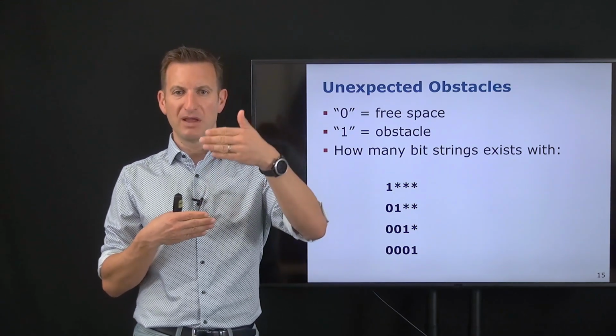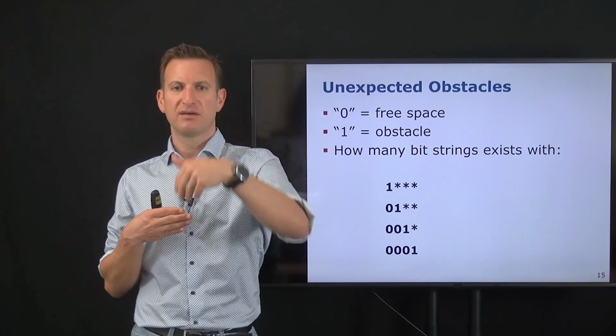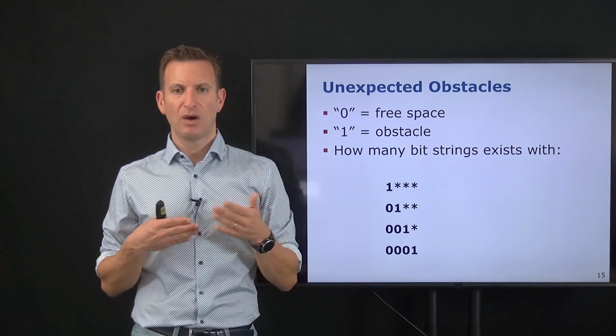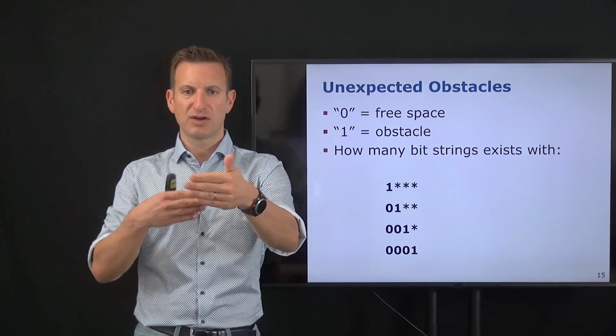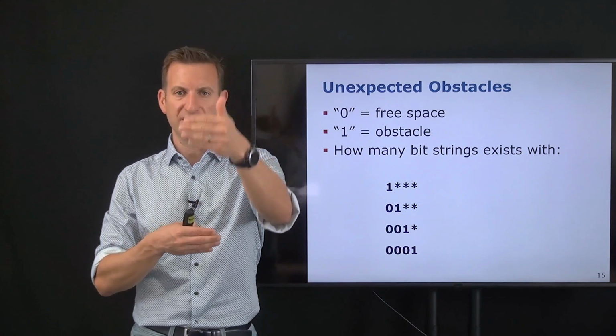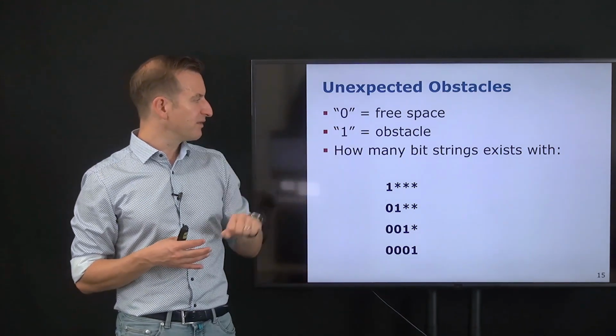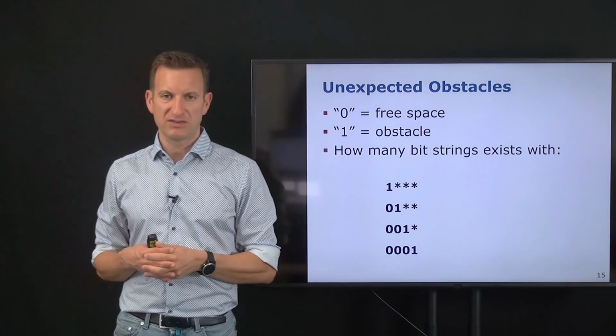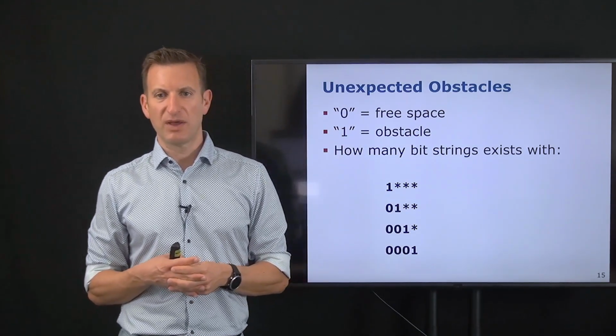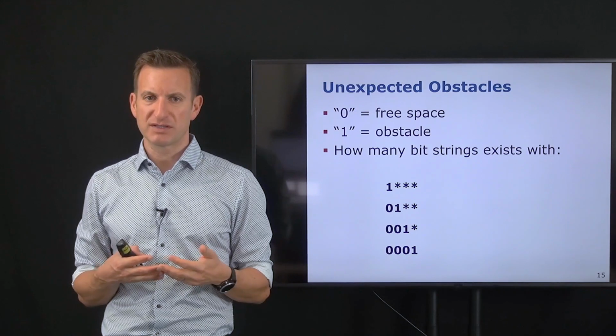So if I can randomly place objects in the environment, how likely is it that a certain configuration occurs? And I'm only interested in getting the first obstacle. So 0 means a free space and 1 means an obstacle in this bit string notation. And the question is, how often do certain configurations pop up?